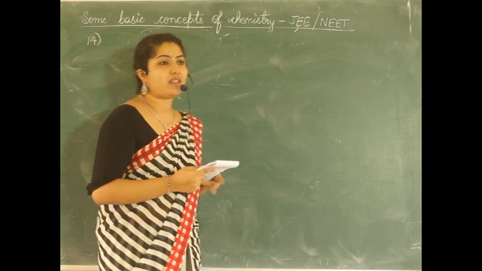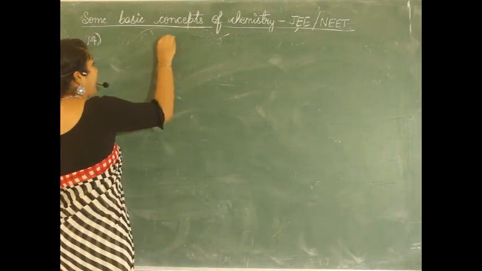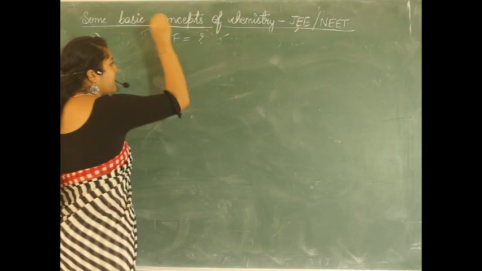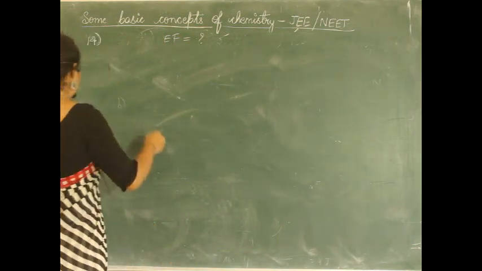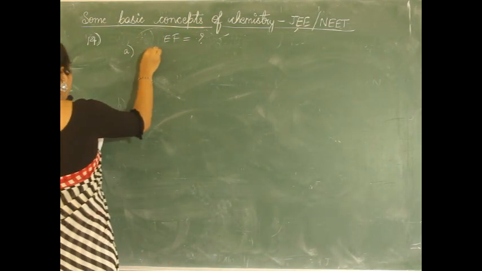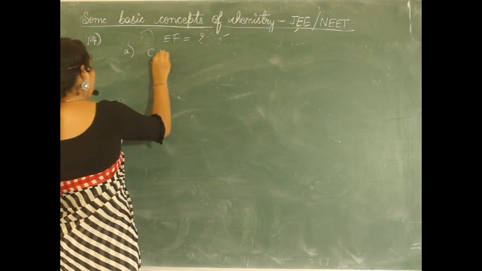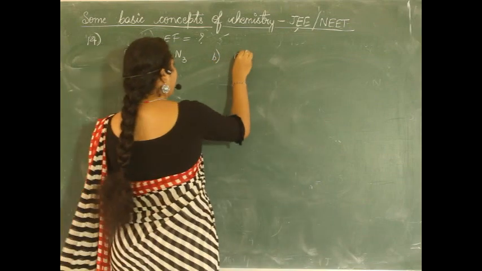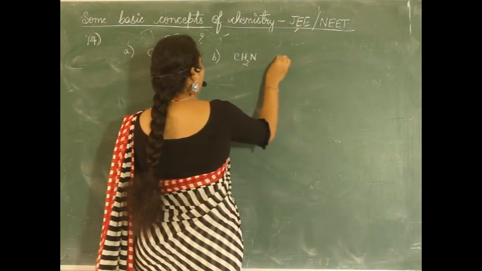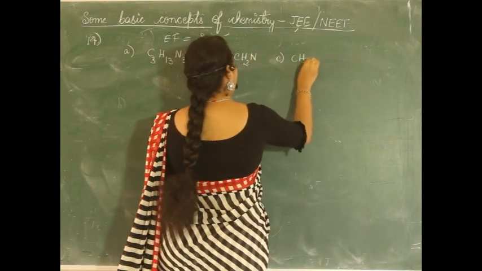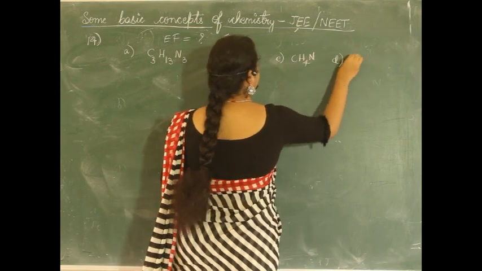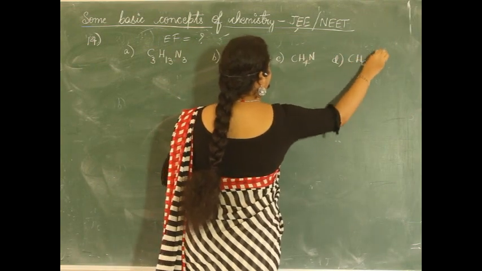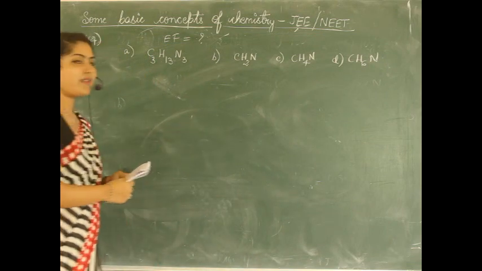Then the empirical formula is what? Let us see the options. Option A, C3H13N3. Option B, CH2N. Option C, CH4N. And option D, CH6N.